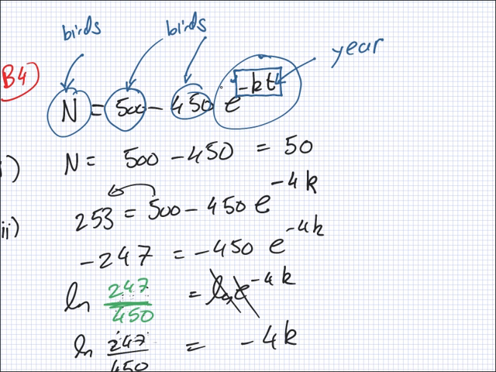You can only add things that are the same units. You can add birds with birds. You can't add birds with years or birds with something else. So this must have no units. But I just said the t is in units of years. So what must the k be so that in total we have no units?